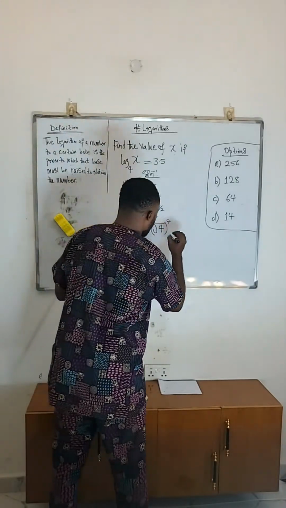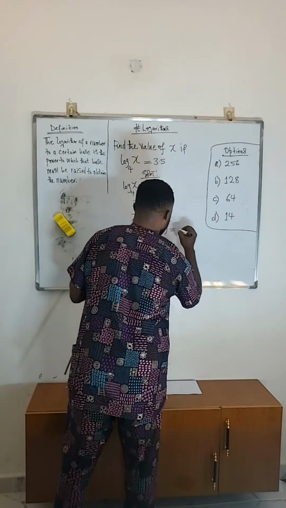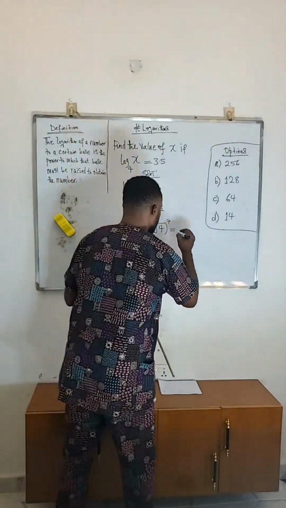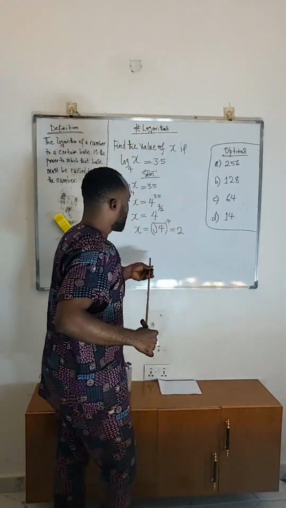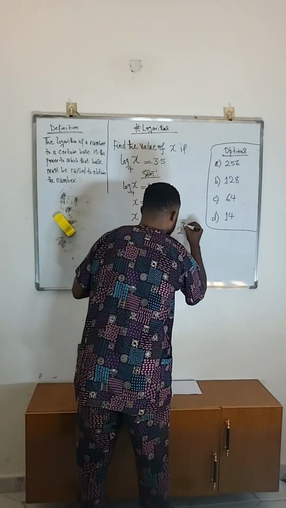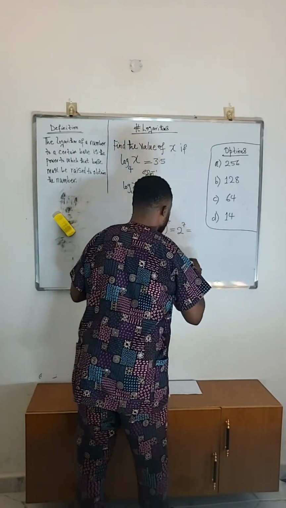Which will be, the square root of 4 is 2. And so 2 raised to the power of 7 is what?